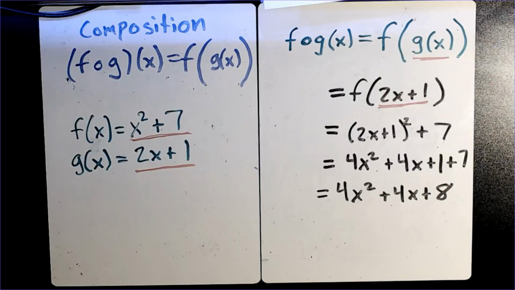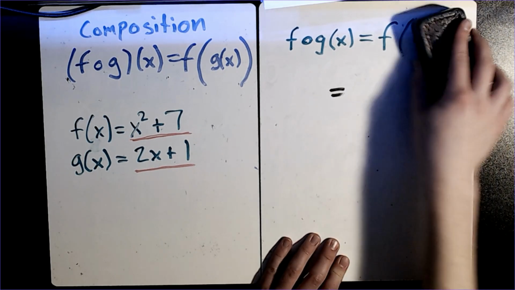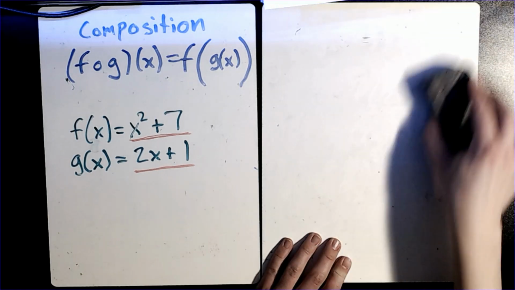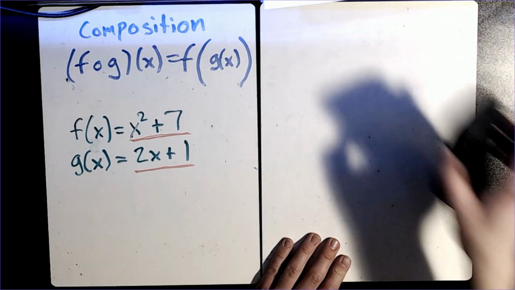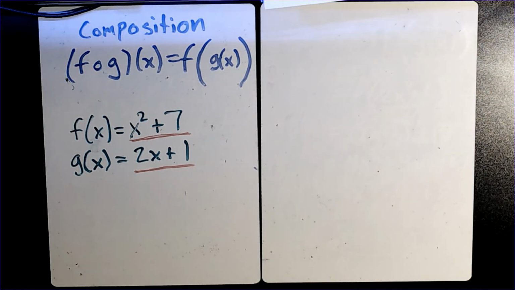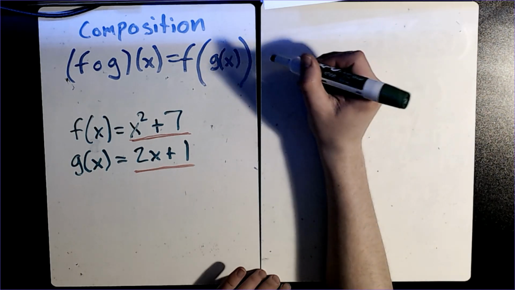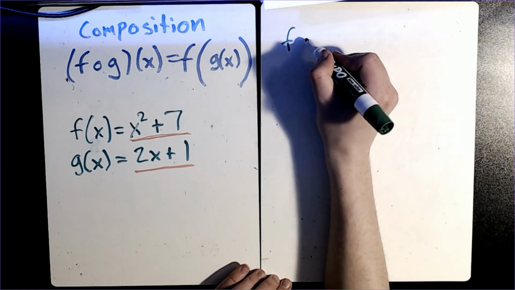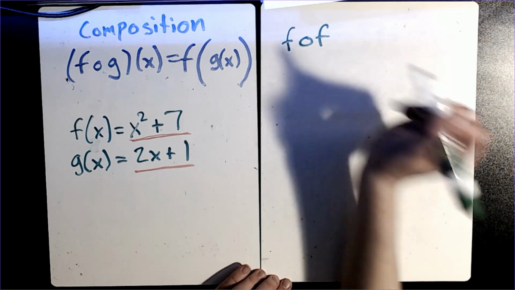We could do a similar thing for g composed with f. I'll maybe do that one too, just so that you get a little bit more practice with this. Or should I go real crazy? I'm going to go real crazy. How about this? Instead of doing f and g together, I'm going to do f and f together.